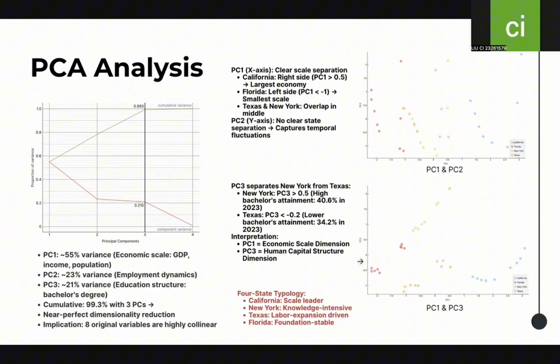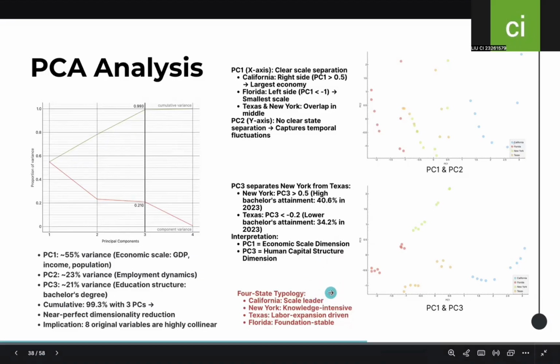So beyond this algorithm, we find that the key distinguishing variables operate hierarchically. Economic scale indicators like GDP, personal income, population, and labor force, captured by PC1, primarily isolate California, whereas human capital structure like bachelor's degree, captured by PC3, fundamentally differentiates New York from Texas.